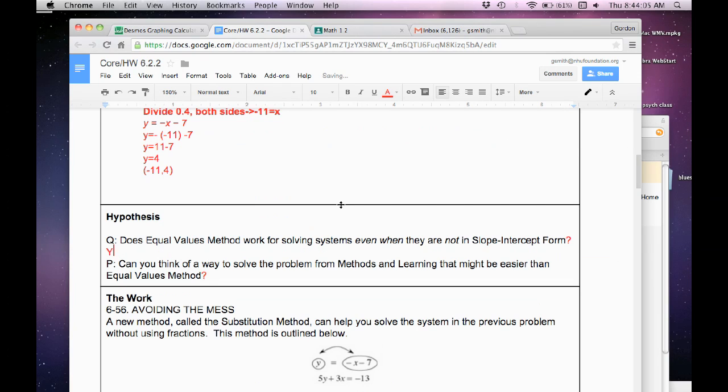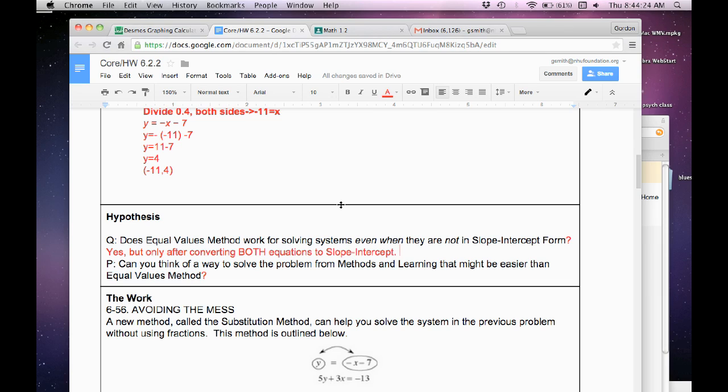So we could say, yes, but only after converting both equations to slope-intercept.